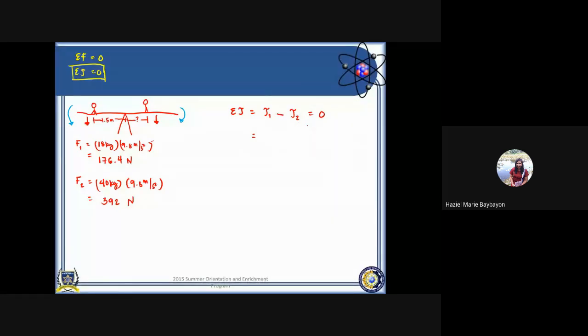It's the same as our concept in dynamics. For example, if there is a tension force, it is positive, and if there is a frictional force, it is negative. So the summation of forces along x equals tension, which is positive, minus the frictional force, equal to 0. The same with this one: a clockwise direction is negative, and a counterclockwise direction is positive.